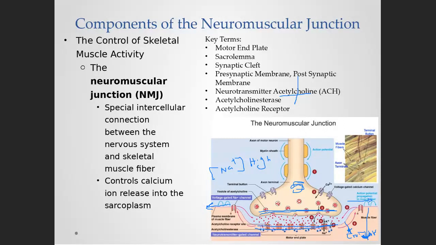Okay, 1 through 7. I think they're trying to tell you 1 through 7 are the events that are happening. So 1 is that an electrical signal is coming down the neuron. 2 is that, just to make it as simple as possible, a series of events happen that lead to the vesicles docking on the membrane. 3, I think, is that the vesicles undergo exocytosis.